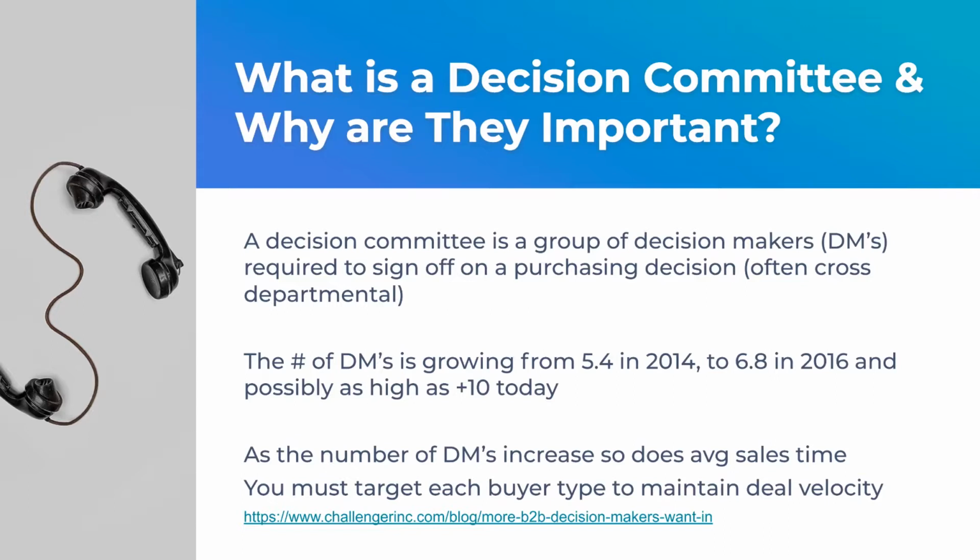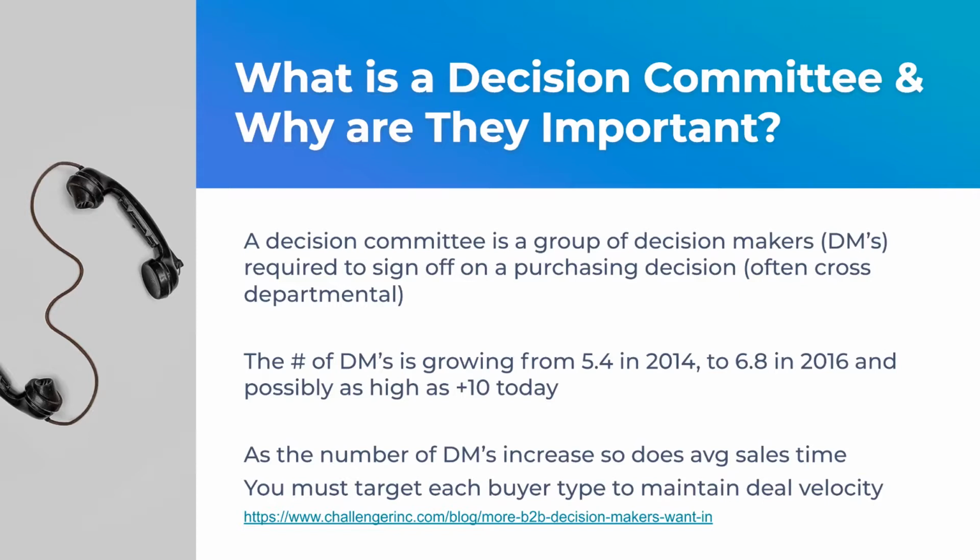The number of decision makers involved in a business-to-business buying decision is steadily growing. Go back 5 years ago, that was a little over 5 decision makers in a deal on average. That had risen to just shy of 7 in 2016. Currently, most studies show somewhere between 7 and 10 decision makers are involved in your average B2B buying decision these days.